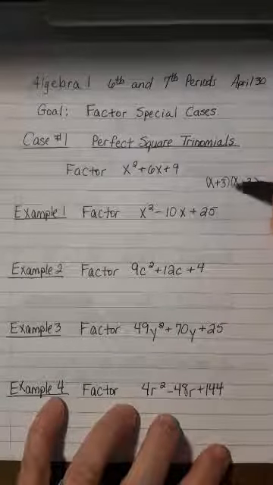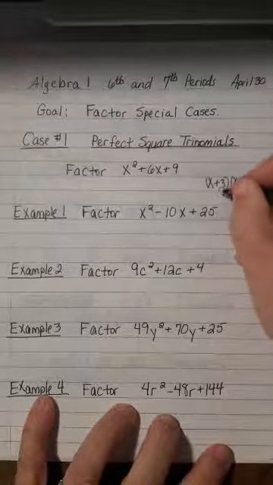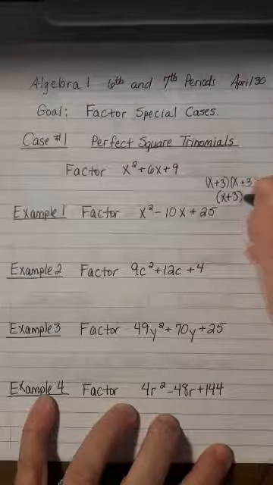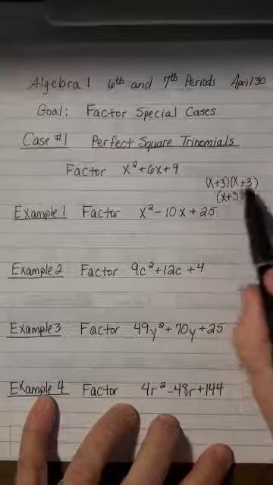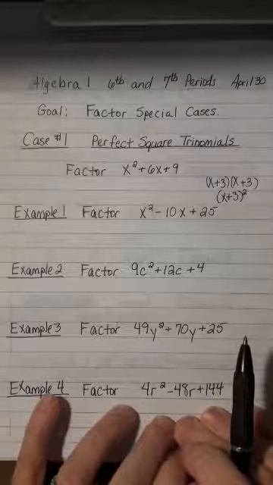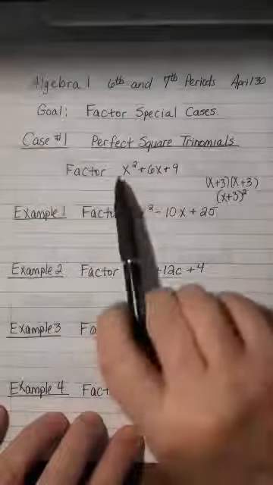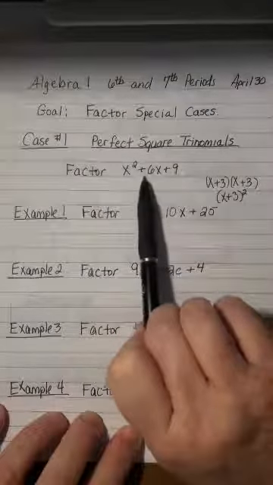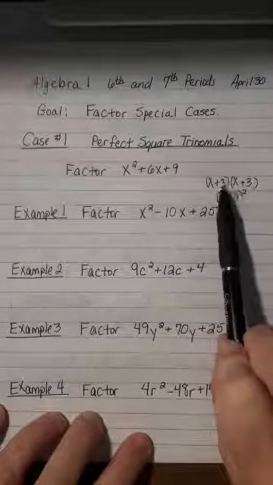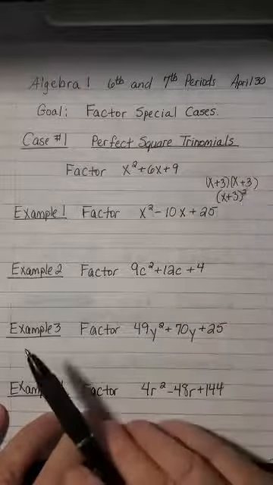Now, that works perfectly fine because 3 times 3 is 9 and 3 plus 3 is 6. And if you notice, they're the same exact thing. And you can write it this way, x plus 3 squared to the second power, because it's 2 of the same exact parentheses. Well, what we're going to do today is show you how to recognize that it's a perfect square trinomial and take it right to this answer without doing the x plus 3 times x plus 3 part.